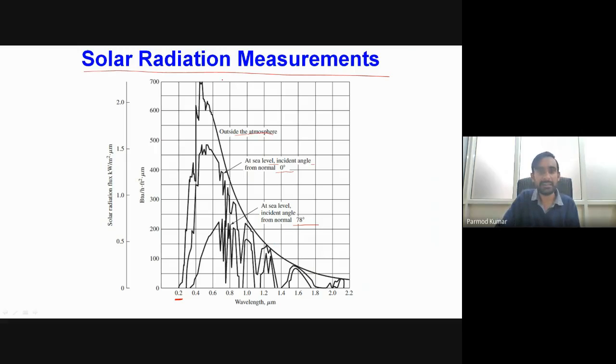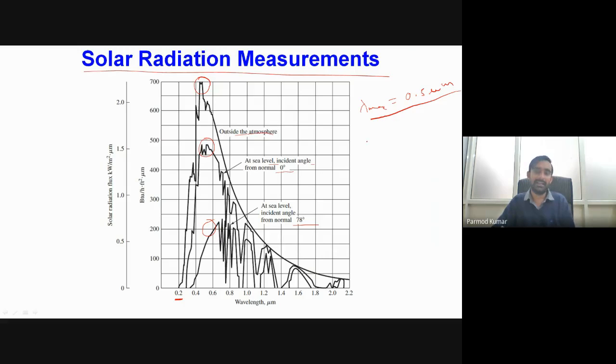In all these three curves, one similarity is that the peak value of the radiative flux corresponds to almost 0.5 micrometer wavelength.